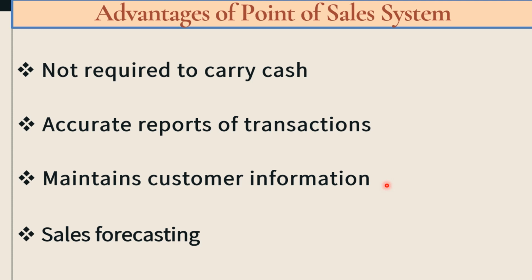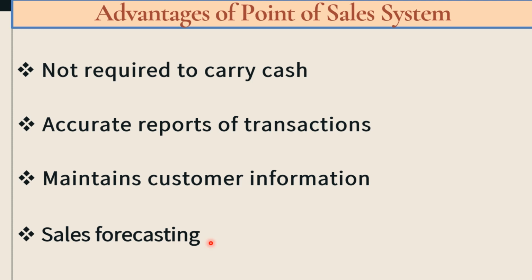And the last point is sale forecasting. Sale forecasting means that with the help of the data regarding the customers stored in the device, the shop owner or the seller can predict the future demand for various varieties of goods and commodities.